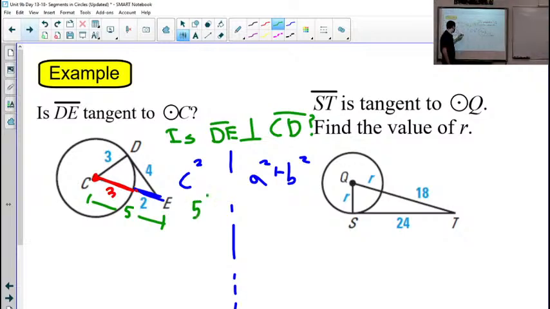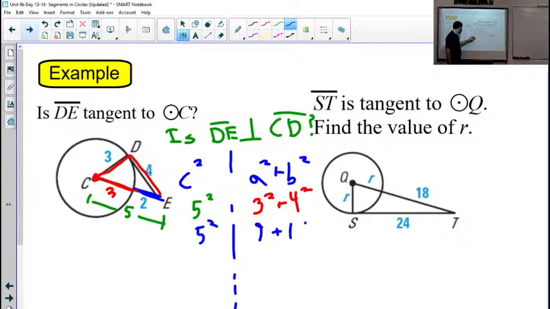So 5 squared goes on the left side. And then on the right side, we're going to use my legs that build what I am claiming is the right angle. And let's test this out. 3 squared is 9. 4 squared is 16. And 5 squared is 25. 9 and 16 also make 25.